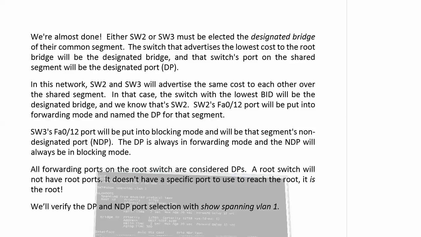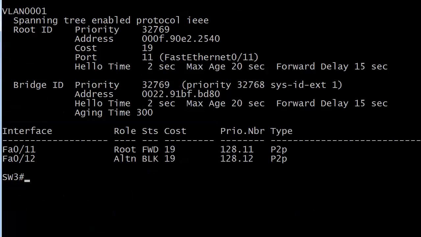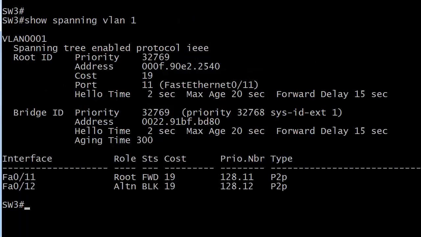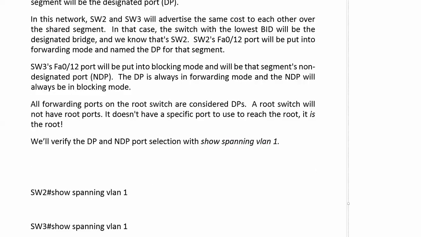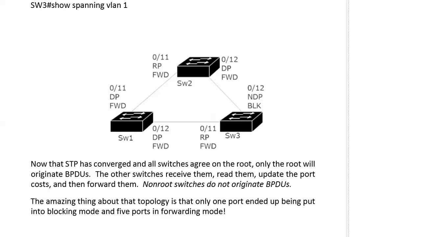So let's go back and look at the switch again, and you can see that finally, after all this talk of stopping switching loops, there's our blocked port, Fast Ethernet 1/2 on switch 3. So out of all of those 6 ports, only 1 was put into blocking mode, and it was Fast Ethernet 1/2 on switch 3. But that's enough for our purposes here of stopping switching loops.